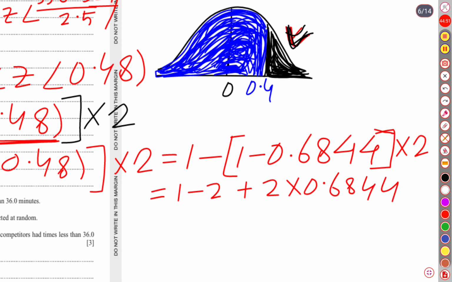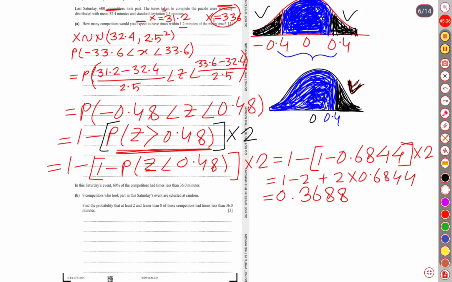Then, easily using our calculator, we get that it is going to be 0.3688.